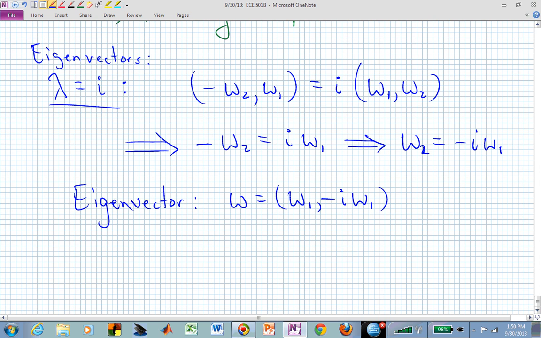So if we pick any arbitrary W1 from our complex field of numbers, then this is the eigenvector associated with the eigenvalue lambda equal i.